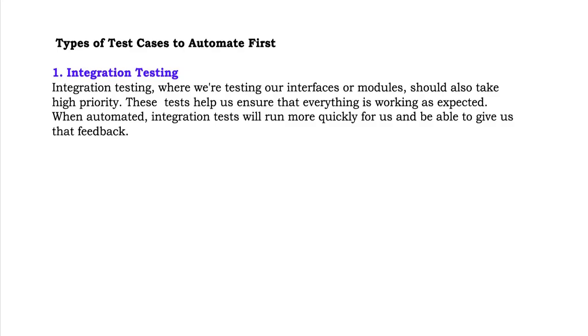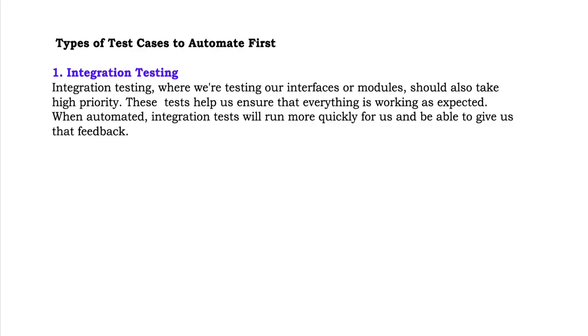First focus is on regression testing, and certain tests like ad hoc testing and exploratory testing. Whether these tests can be automated is also one of the questions, right? No, you cannot automate ad hoc testing, exploratory testing, or sanity testing. These are the types of testing which should not be automated.